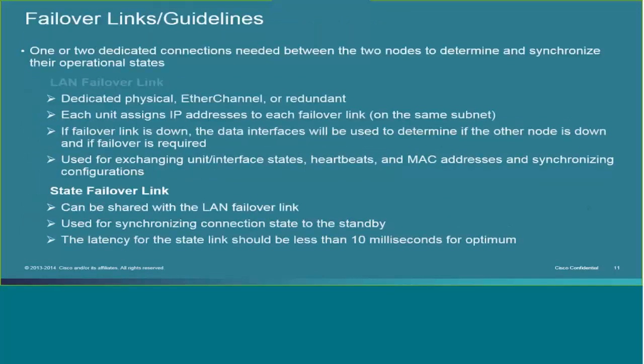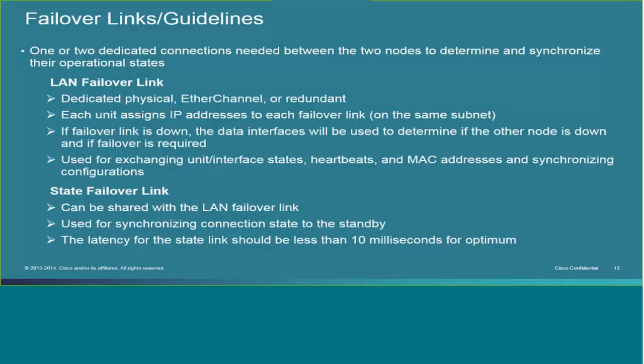So there are particular guidelines that you need to follow when you are having the LAN failover link and state failover link. With regards to the guidelines, they need to be dedicated interfaces, each channel redundant. They need to have IPs in the same subnet.